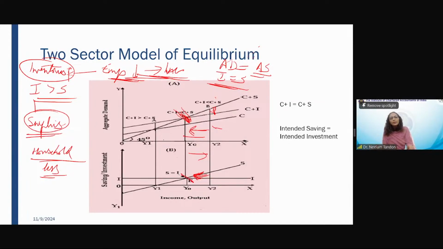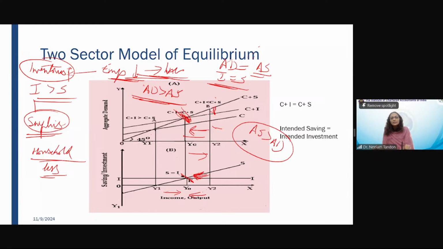So when aggregate demand is more than aggregate supply, what will happen in this case? Output will increase. Income will increase. When aggregate supply is greater than aggregate demand, what will happen?